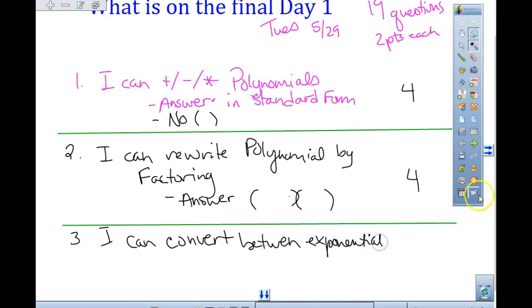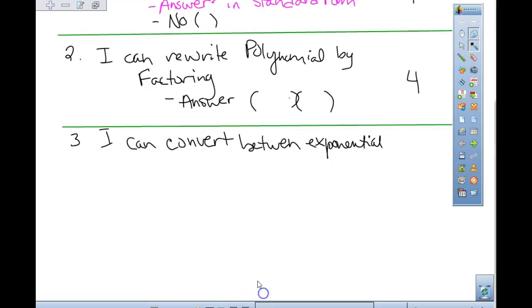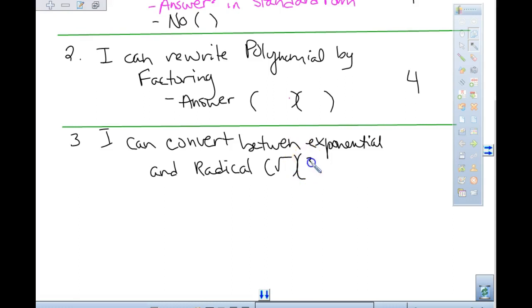That's when we have an exponent with it, and radical. Radical is when we have the square root, might be a cube root, might be a 4th root. And then when we write it in exponential form, it's like x to the half. That's what this one is.